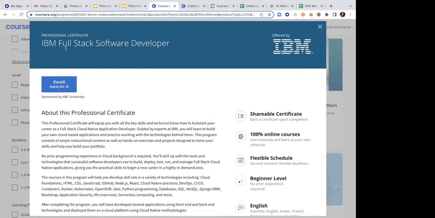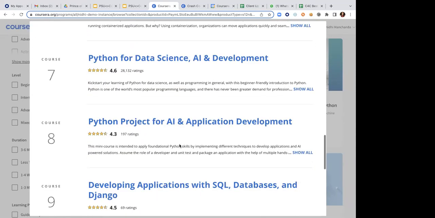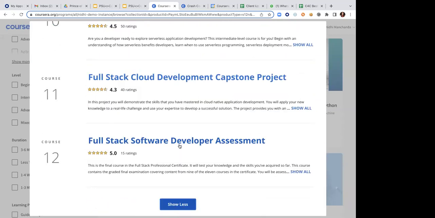Like this is an IBM certification if anybody wants to become a full stack software developer. And this is a combination again of 10 to 11 courses. So professional certifications are even longer in duration. To complete these 12 courses, it might take you up to 9 to 10 months.